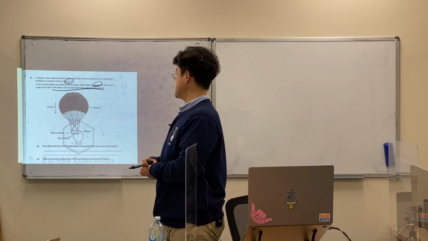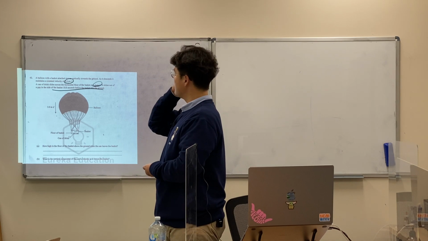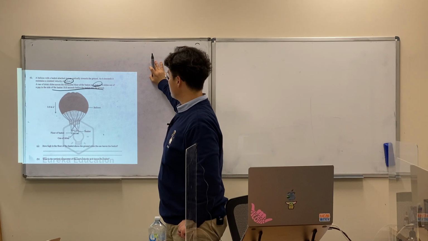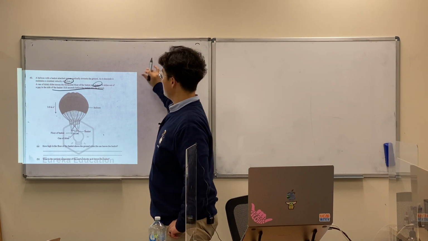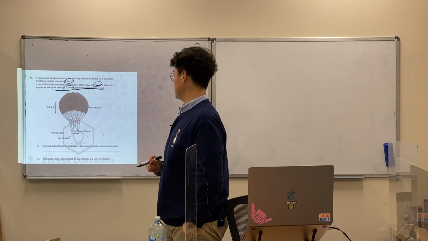Tricky. It slides out of a gap in the side of the basket 10 seconds before the basket hits the ground. How high is the floor of the basket above the ground when the can leaves the basket?